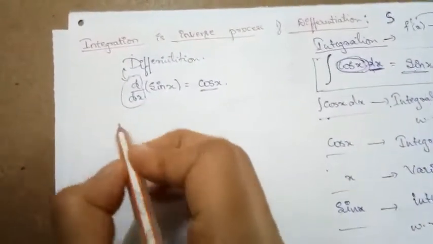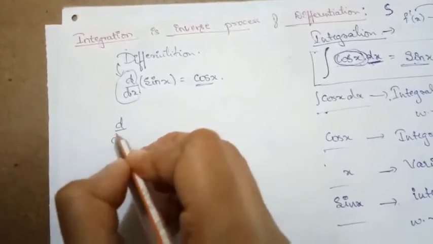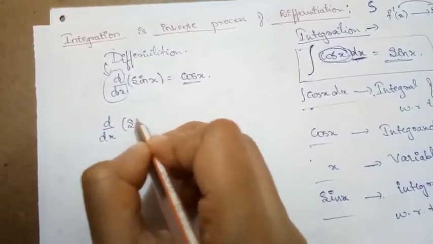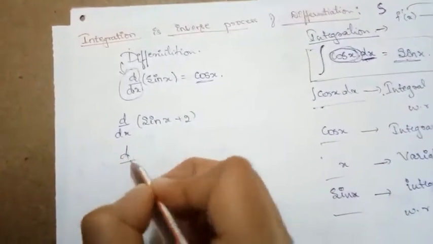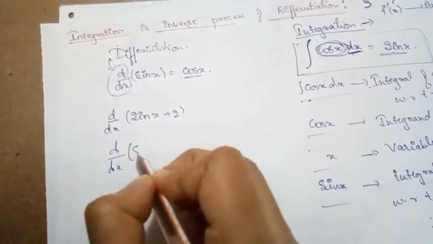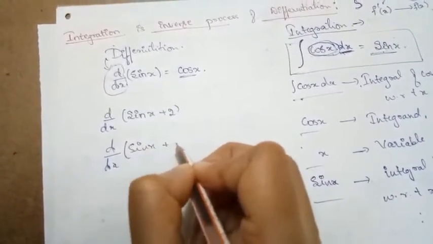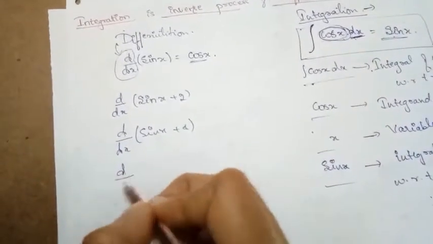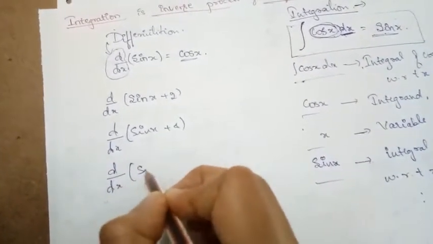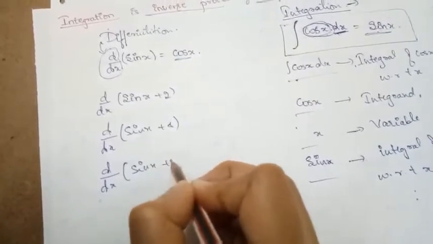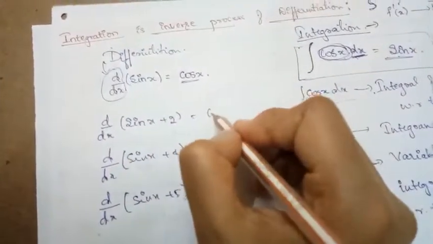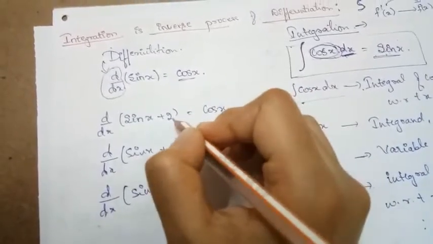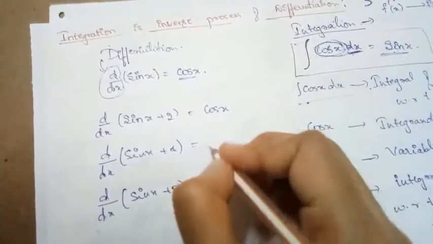Suppose now I consider what is the differentiation of sin x plus 2, or the differentiation of sin x plus 4, or the differentiation of sin x plus 5. Clearly we know that the differentiation of sin x is cos x, and the differentiation of a constant with respect to x is always 0.